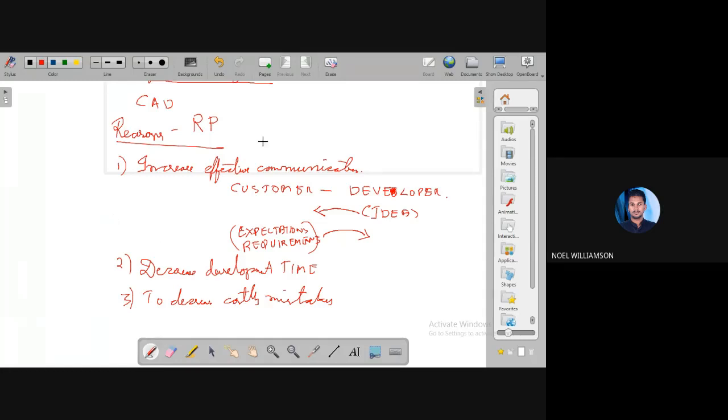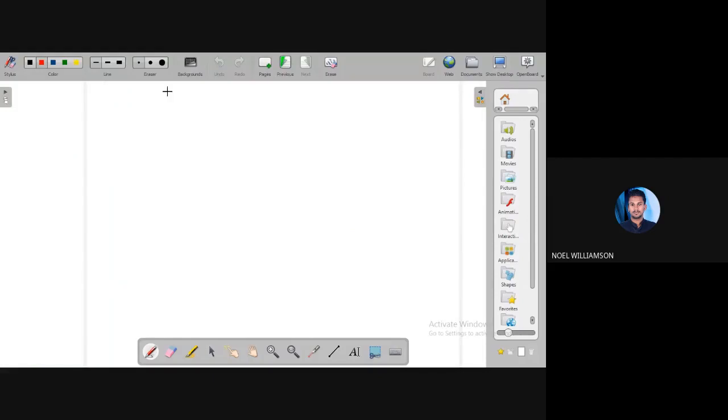Now we will see the various applications of rapid prototyping. There are various applications.